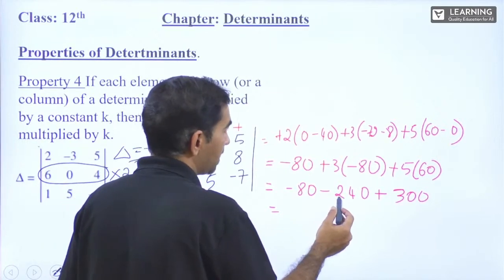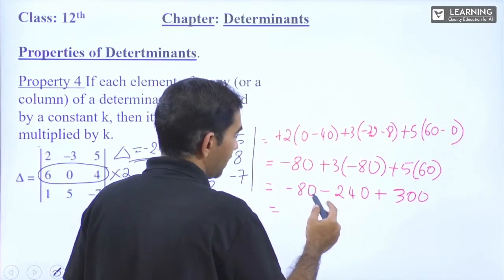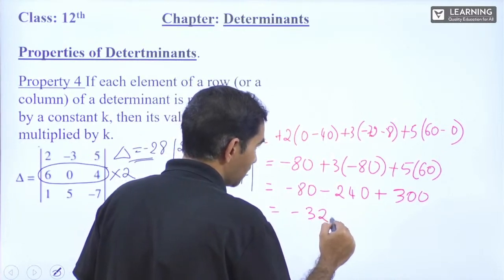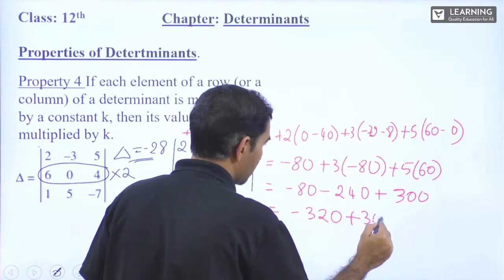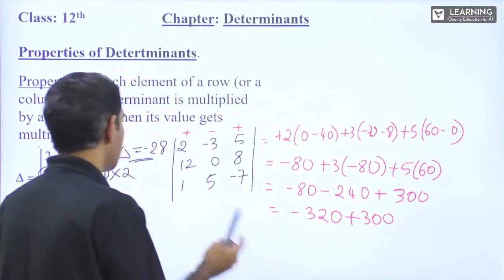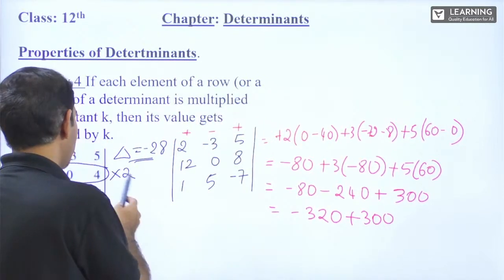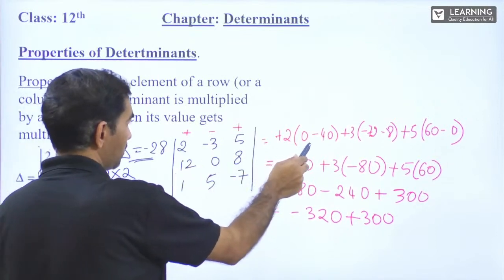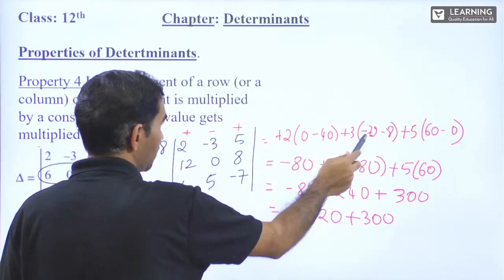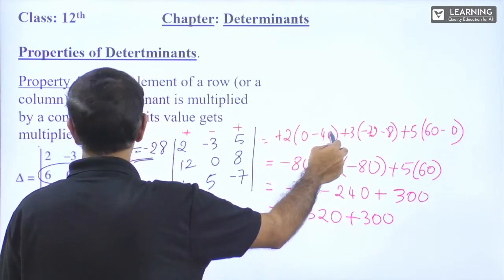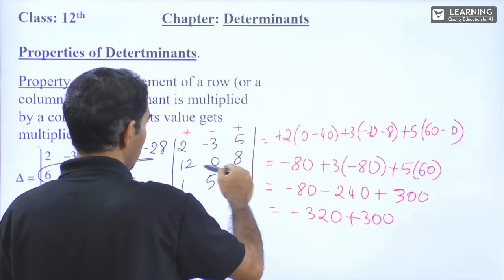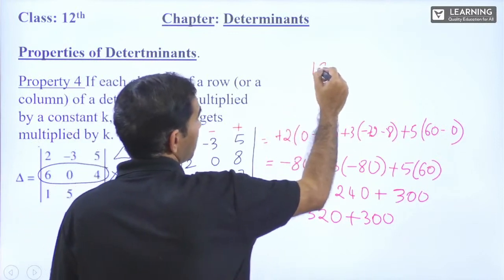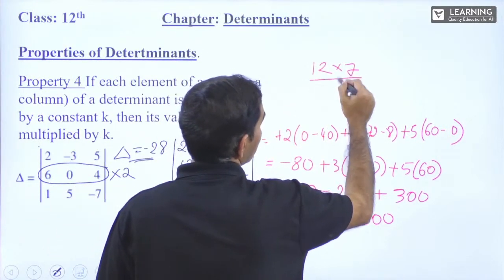So this is equal to minus 320 plus 300. So again, 6 2s are 12, 2 4s are 8, minus 7 into 0, 8 5s are 40, minus into minus is plus 3, 12 7s are 84, 12 into 7, 2 are 14.